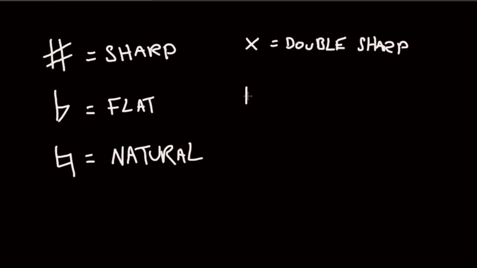In this case, you will just draw two flat symbols. Now this lowers a note by a whole step. So these are the accidentals we will be using.